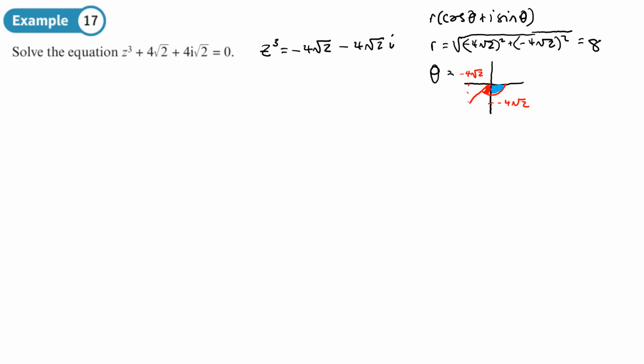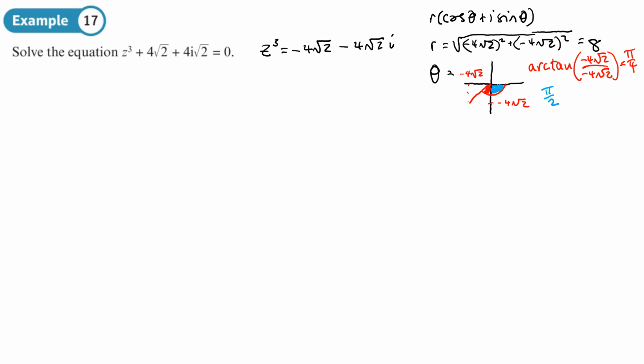So this bit in red, let's color code it. The bit in red is the arctan of minus 4 root 2 over minus 4 root 2, which is arctan of 1, which is 45 degrees, which is pi over 4. The bit in blue, that's pi over 2.